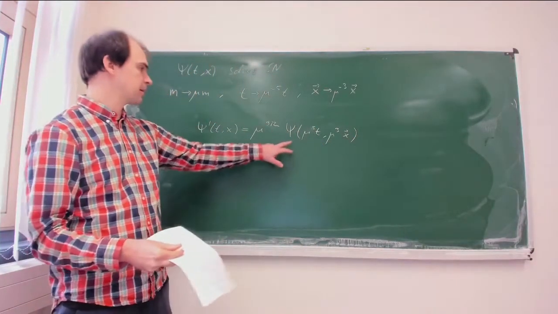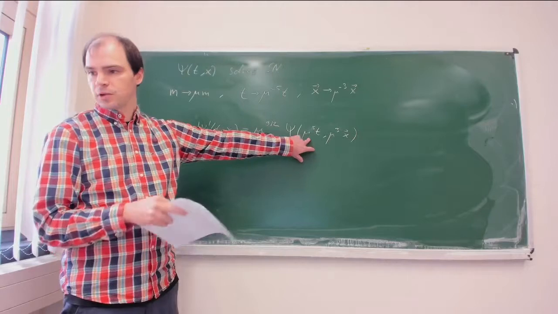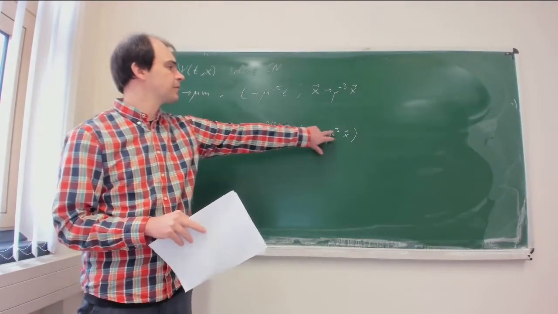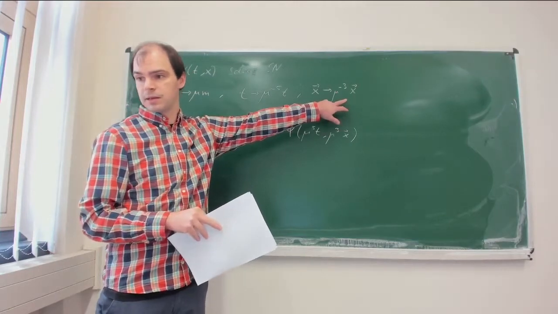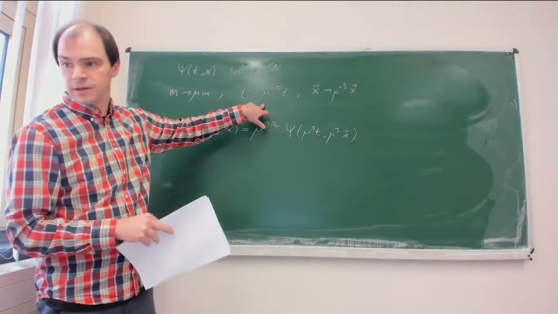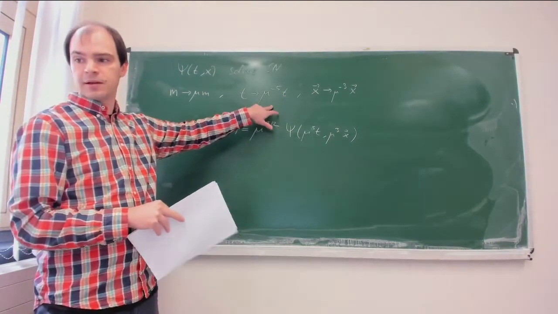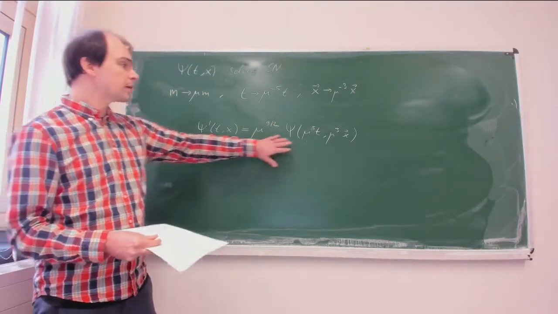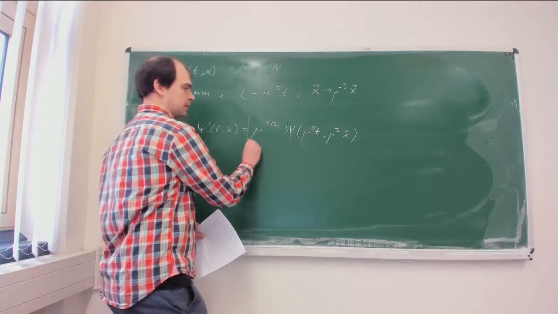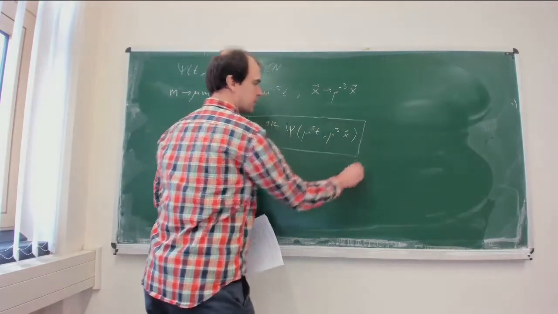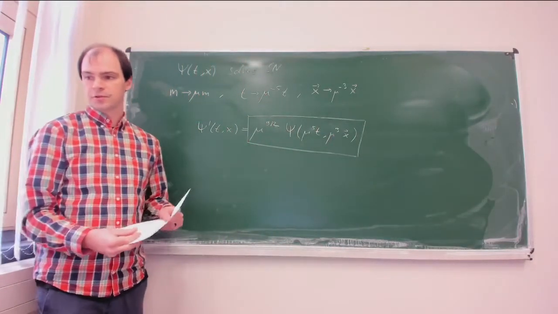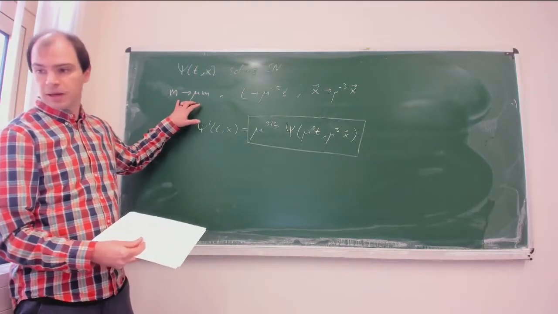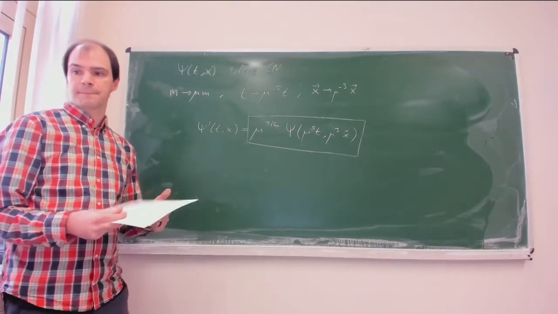So you have to pay attention. You have to do the inverse transformation here in the coordinates. That's why there is a plus 5 and a plus 3 here, contrary to the forward scaling of the coordinates. So this function will again be a solution of the Schrödinger-Newton equation, but now with the mass mu times m.